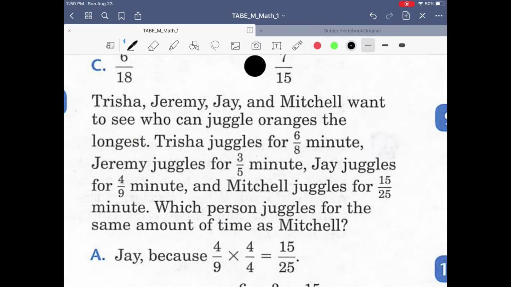Number 5. Trisha, Jeremy, Jay, and Mitchell want to see who can juggle oranges the longest. And I'm going to do a little highlighting here. Trisha juggles for 6/8 of a minute. Jeremy juggles for 3/5 of a minute.